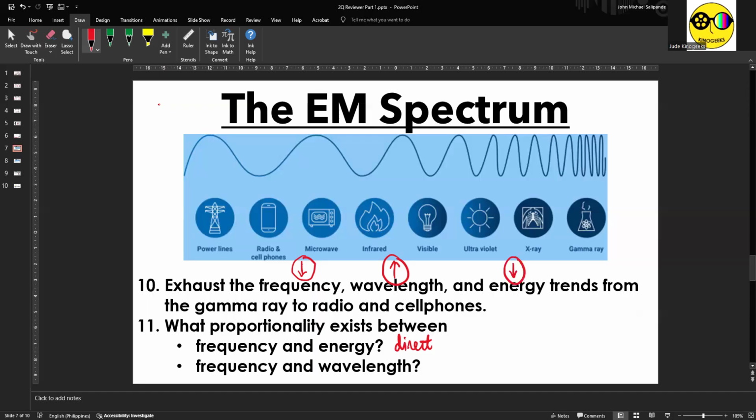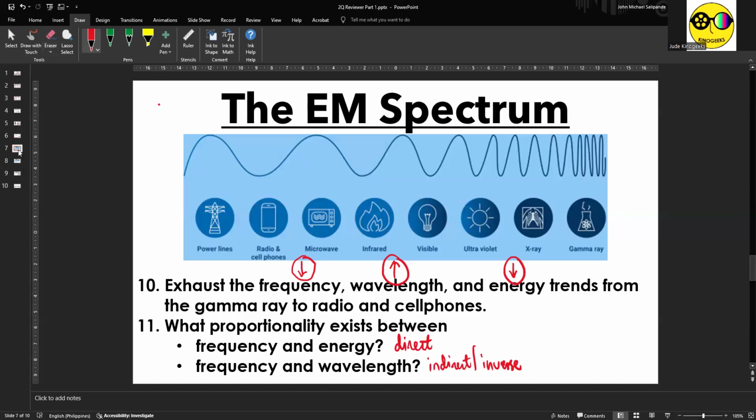And finally, for frequency and wavelength, frequency decreases while wavelength increases. So therefore, they have an indirect or inverse proportional relationship. And that's it.